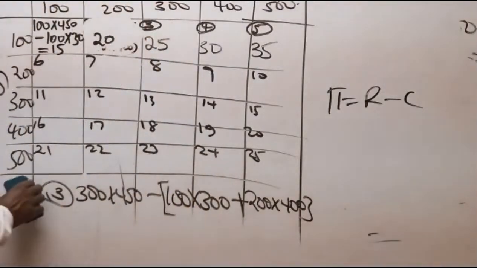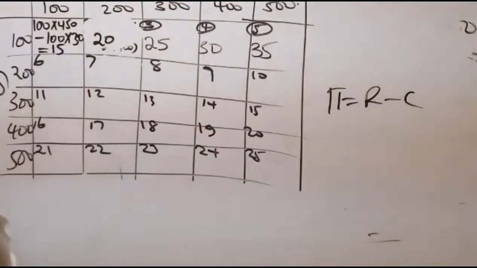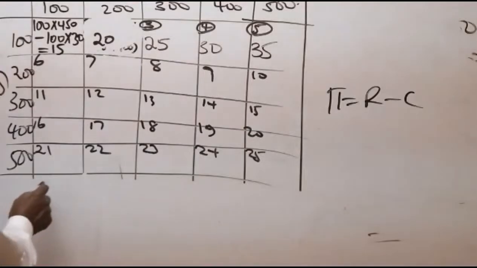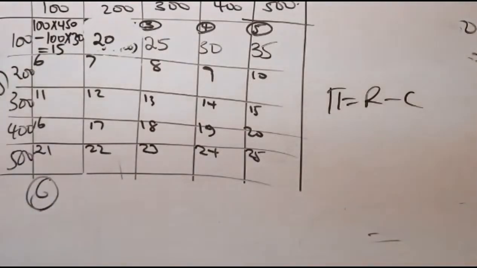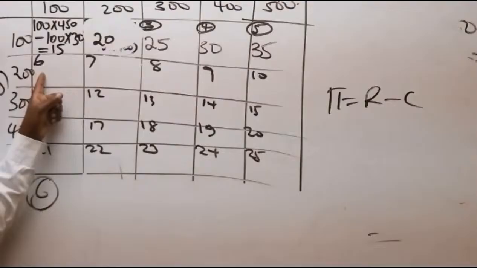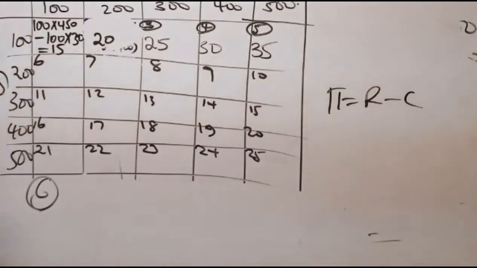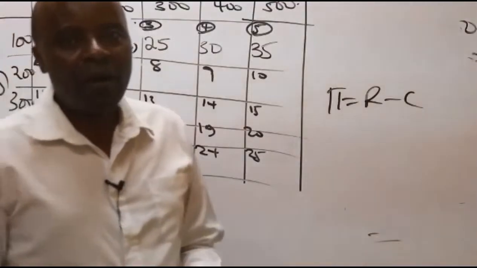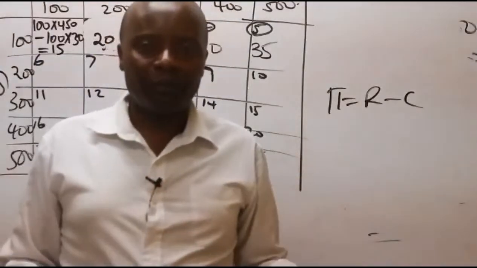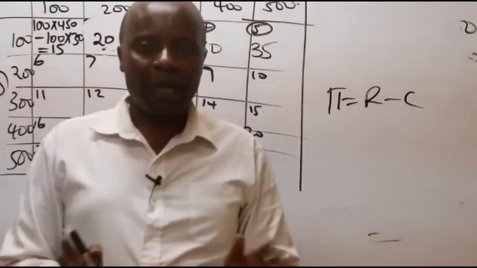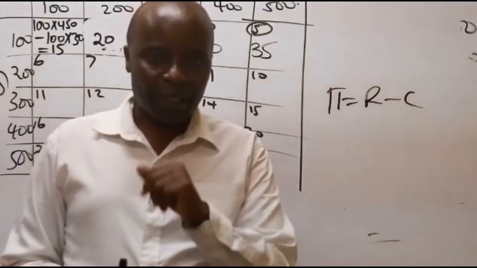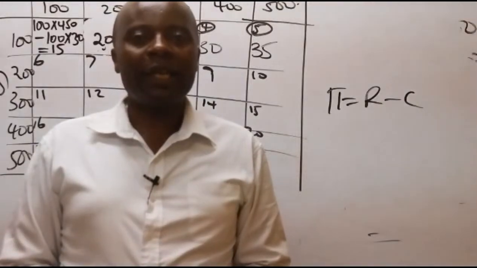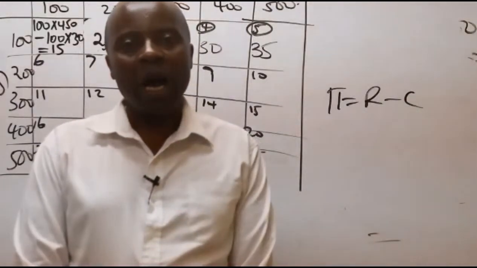Cell number 6, what do we have? For cell number 6, I have supplied 200. And how many have been demanded? Just like how I could go if I'm a fishmonger. I go to the market with 10 pieces, and then I get like 2 people wanting to buy.